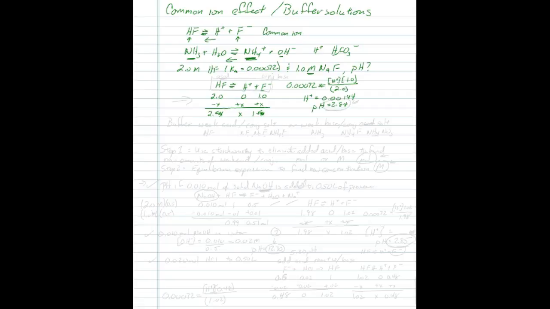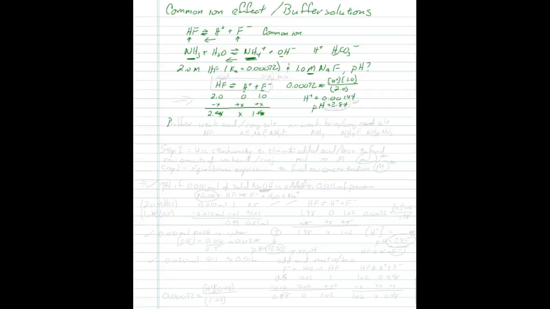So you've got a weak acid and its conjugate base, or you've got a weak base and its conjugate acid in solution, so that your amounts of H plus or OH minus are really small. And then in that case, adding any acid or base will not change the concentrations very much.